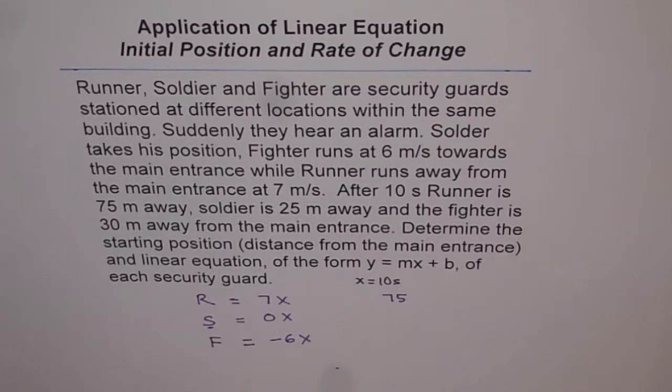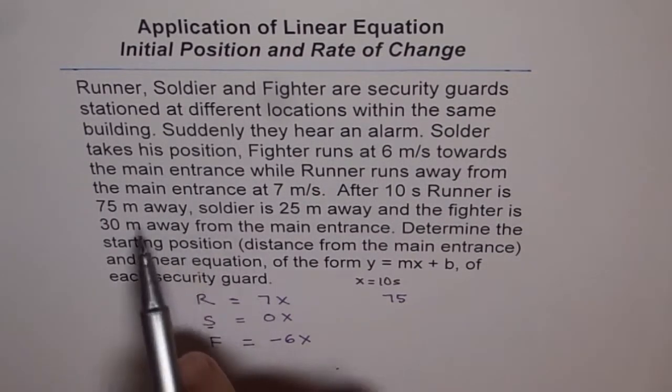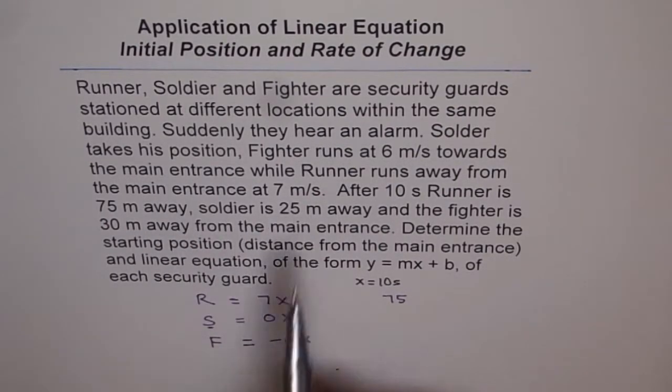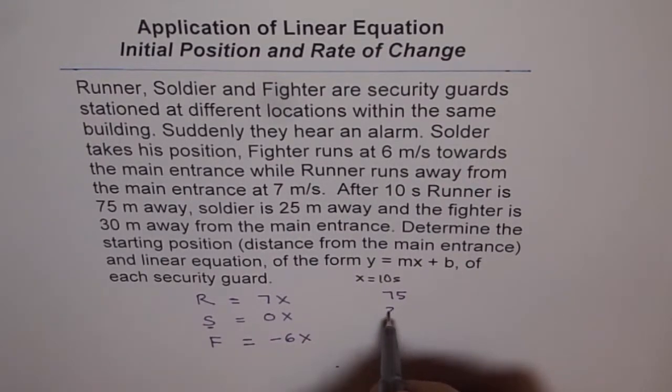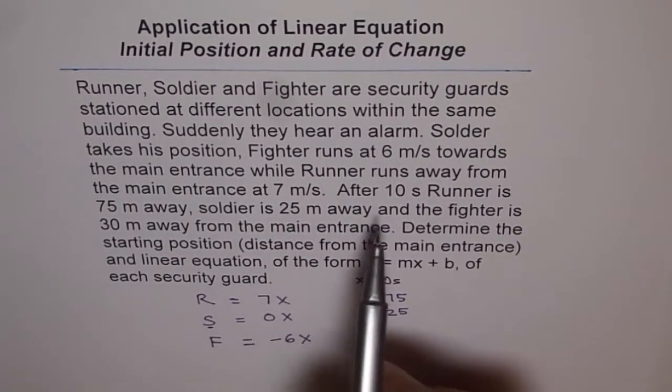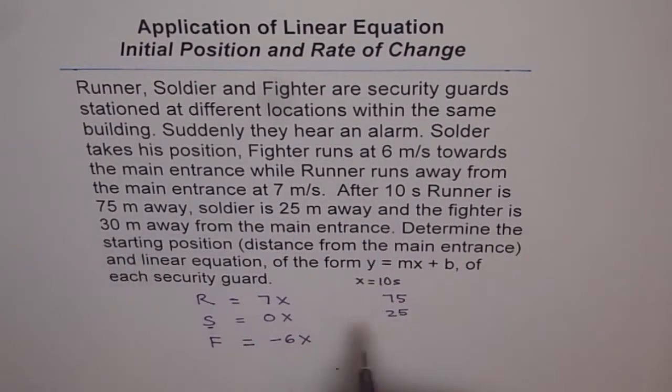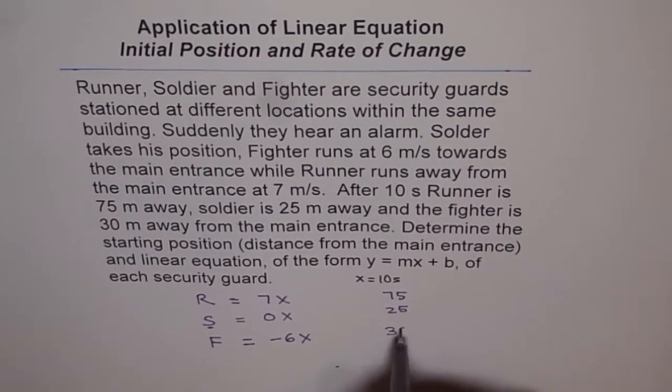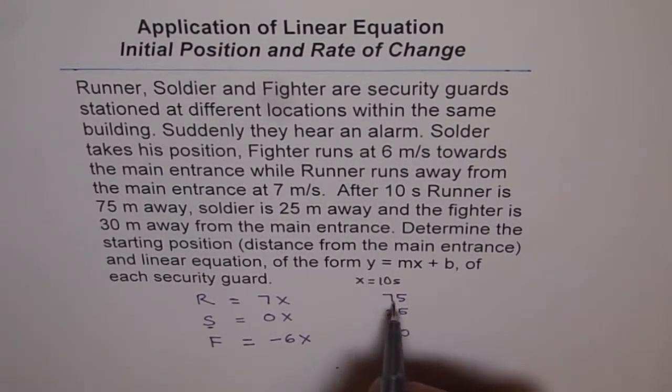Then runner is 75 meters away. Soldier is 25 meters away. And the fighter is 30 meters away. So all this is the position after 10 seconds, right?